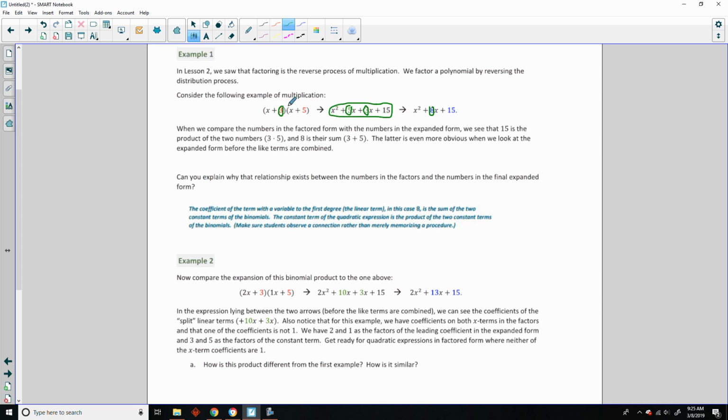The sum of 3 and 5. The constant term in the quadratic, which is 15, is the product of the two constant terms, 3 times 5. So make sure you observe this connection rather than just memorizing the procedure.